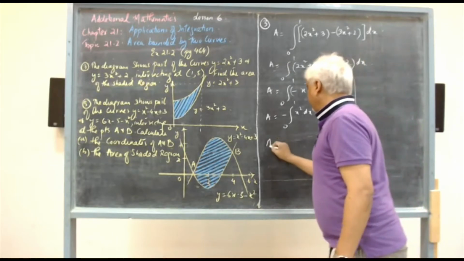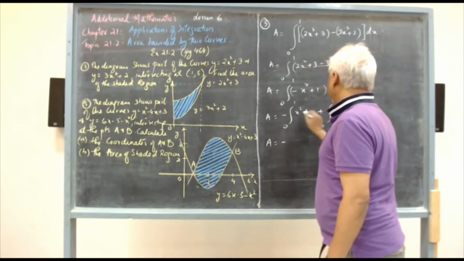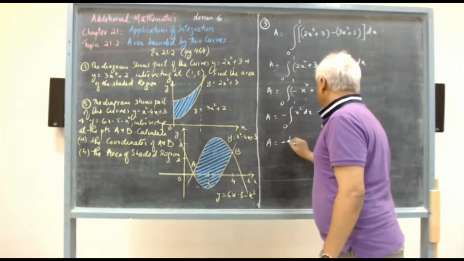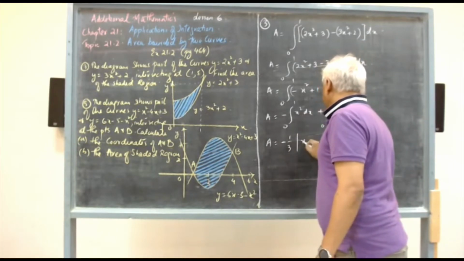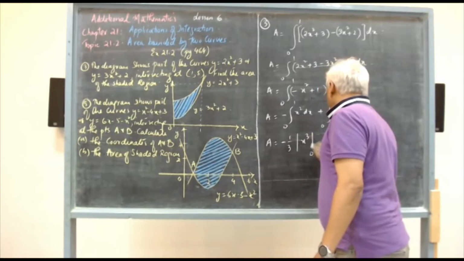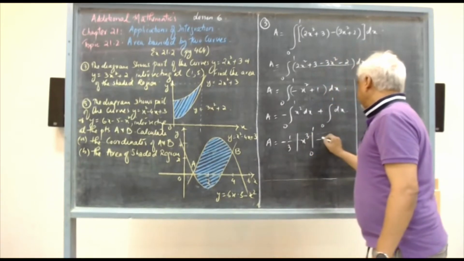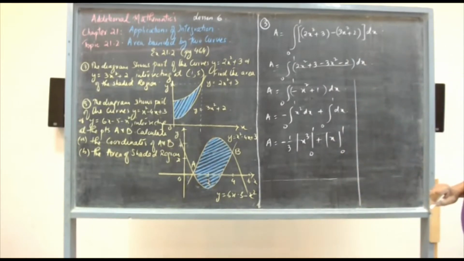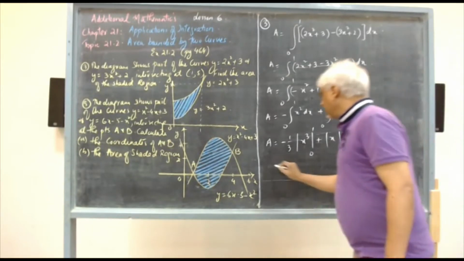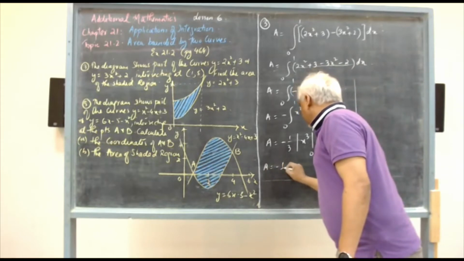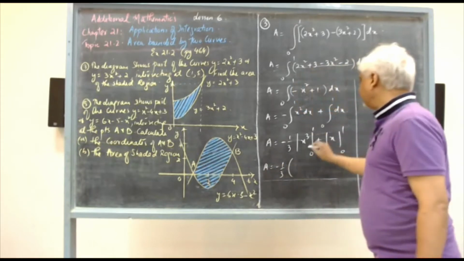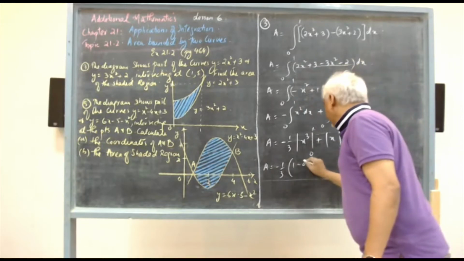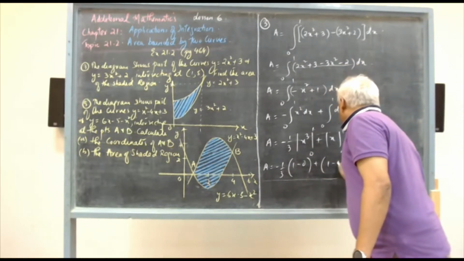So area is equal to minus x squared, integrating x squared gives you 1 over 3 x cubed, from 0 to 1, plus x from 0 to 1. We have now integrated it. So A is equal to minus 1 over 3. Let's put in the value of x, 1. 1 to the power 3 is 1, minus 0, plus 1 minus 0.